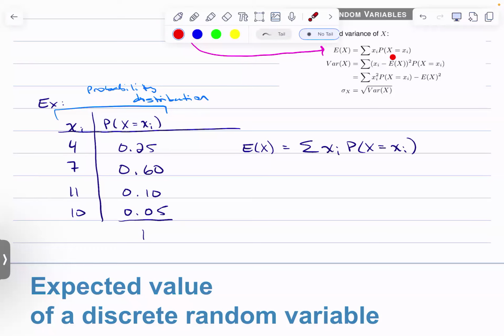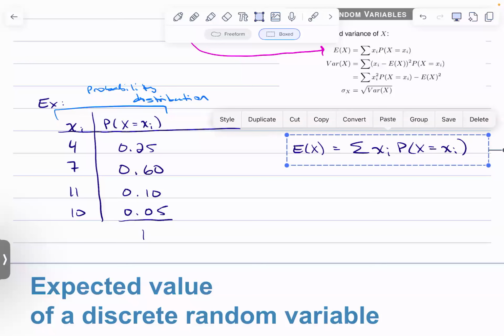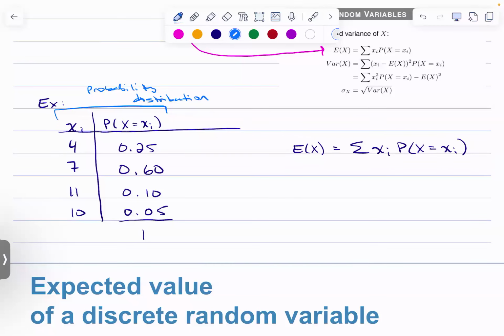That's just from your formula sheet up here. So now, what I like to do is make a new column next to my probability distribution. It's a nice way to organize my work. You don't have to, but I'm going to take the xi column and multiply it by the probability that x equals xi.